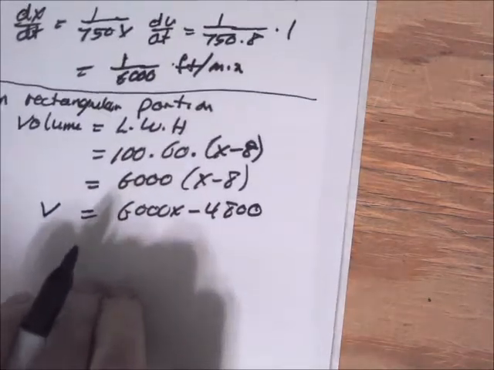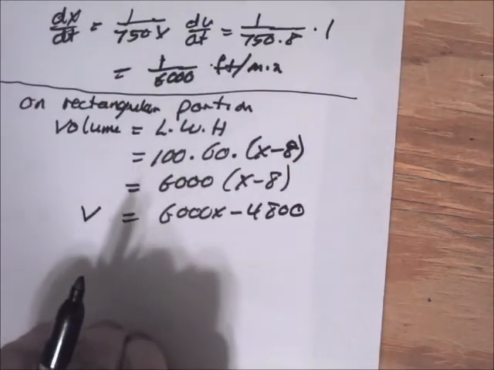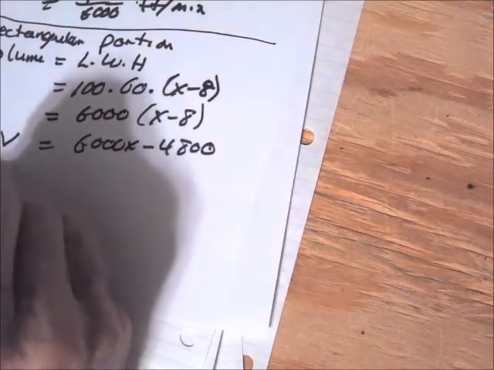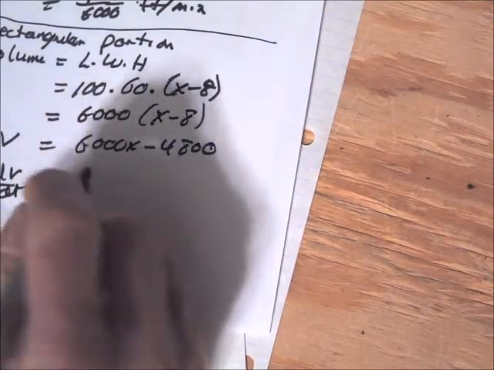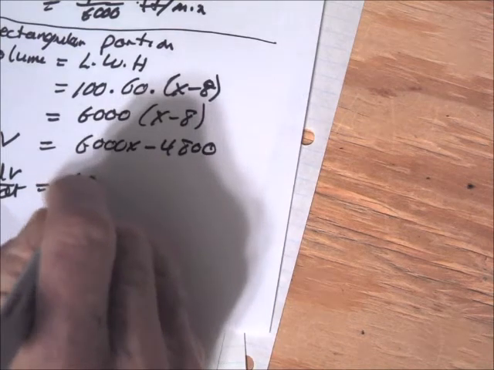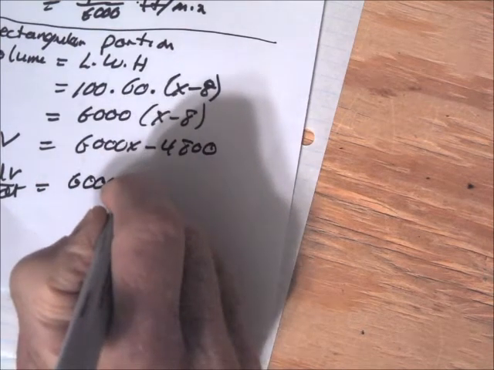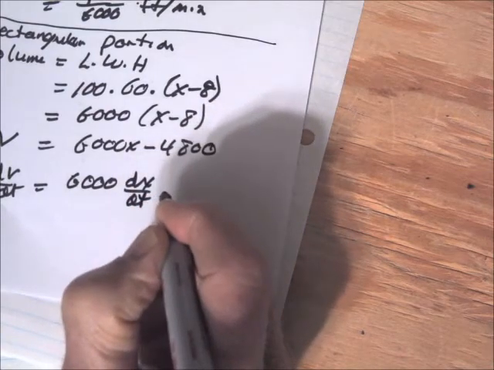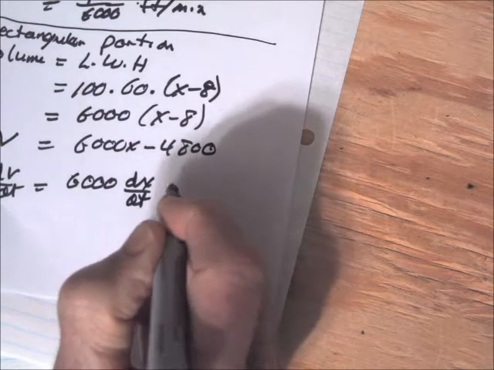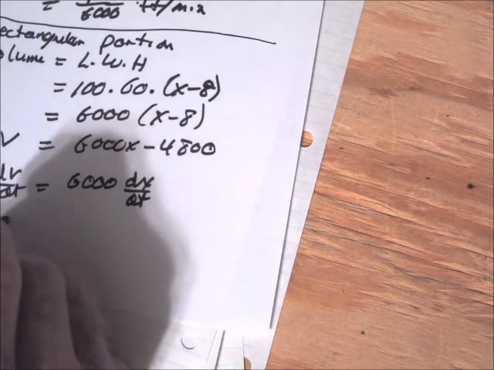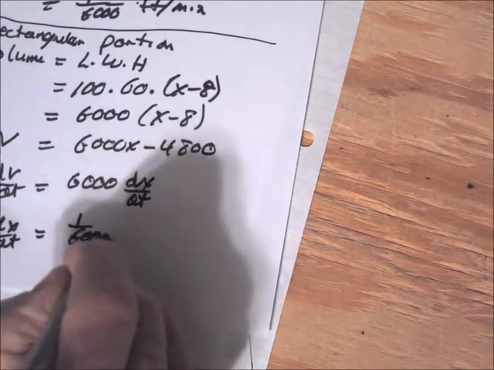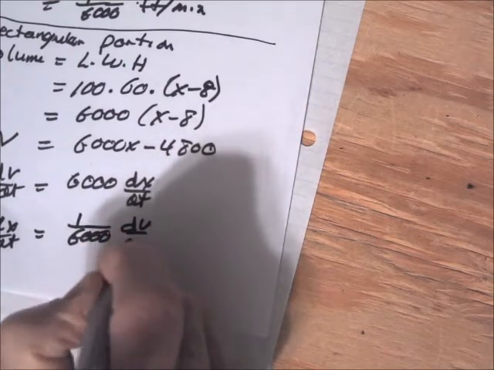Then if we take the derivative with respect to time, dV/dt is equal to 6,000 dx/dt. And if you solve for dx/dt, you get dx/dt equals 1 over 6,000 dV/dt.